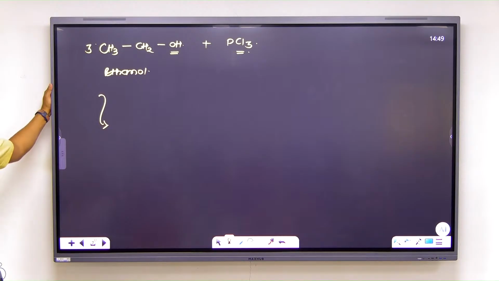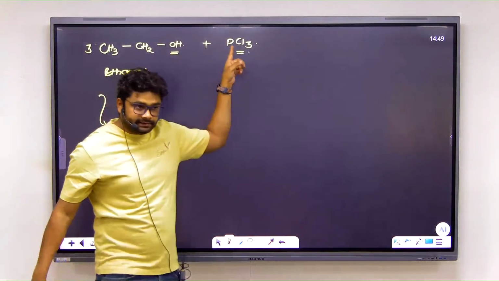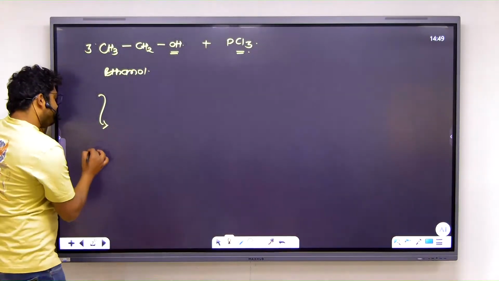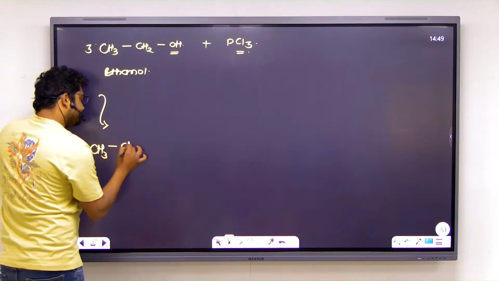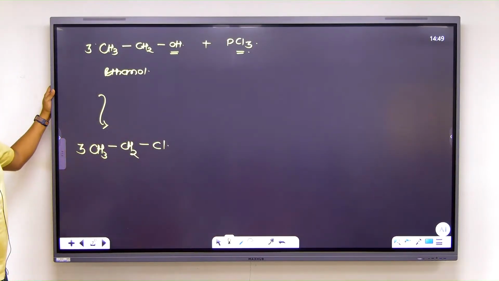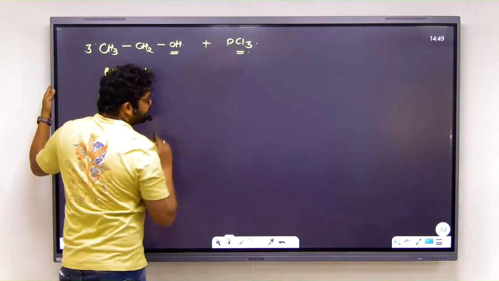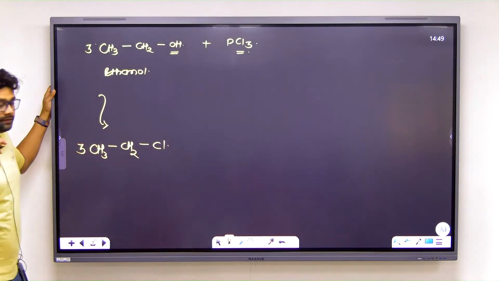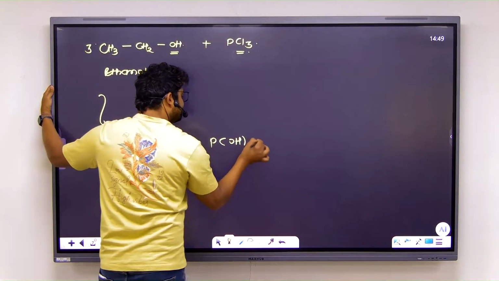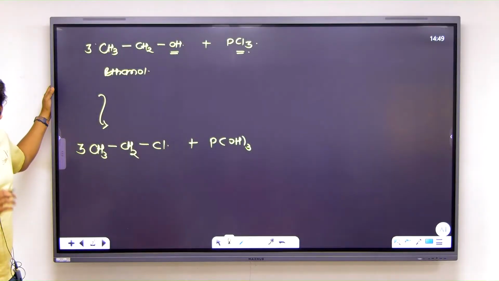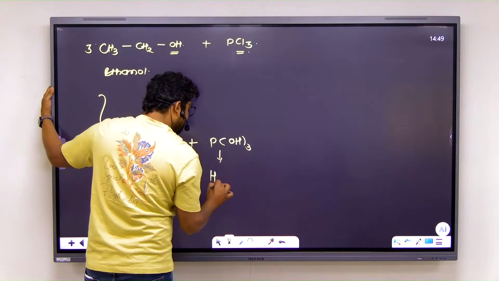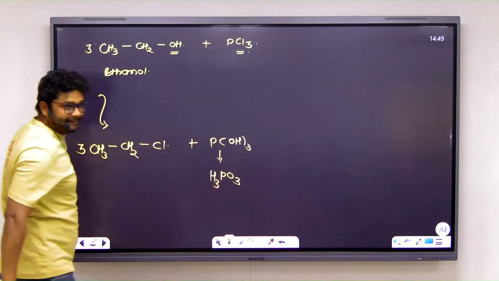Instead of OH, you write Cl, and instead of Cl, you write OH. So I am going to write CH3CH2Cl, 3 times. The 3OH on phosphorus, P(OH)3, is nothing but H3PO3.